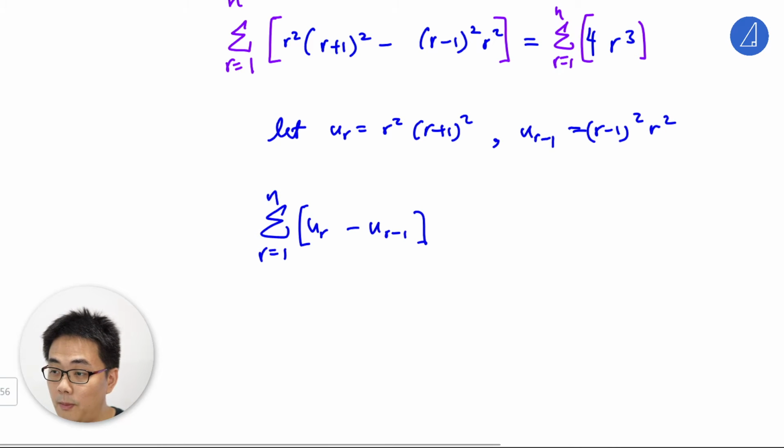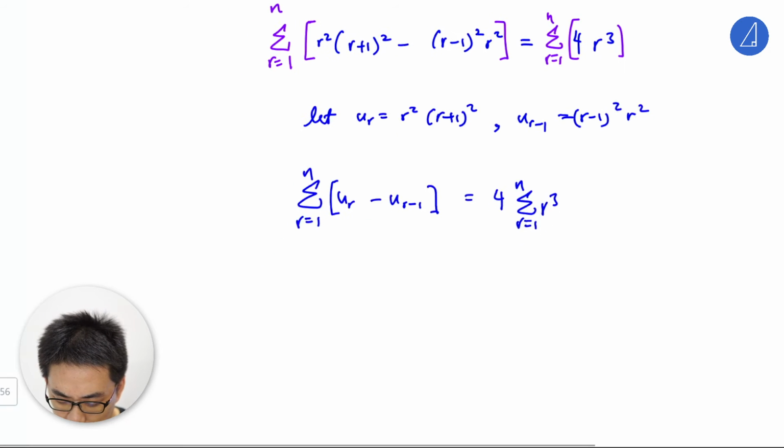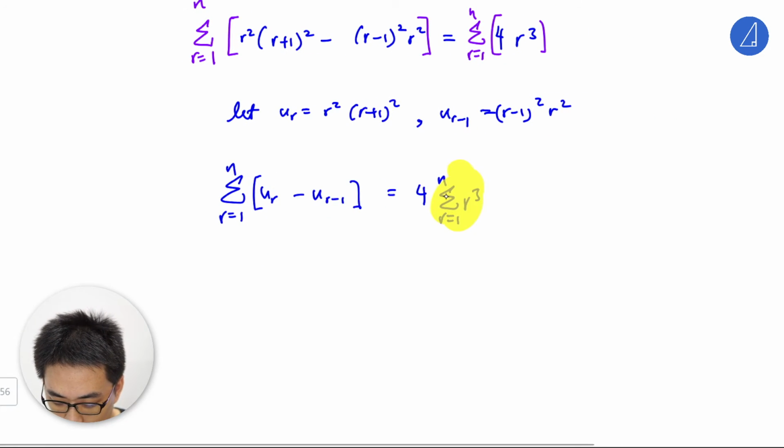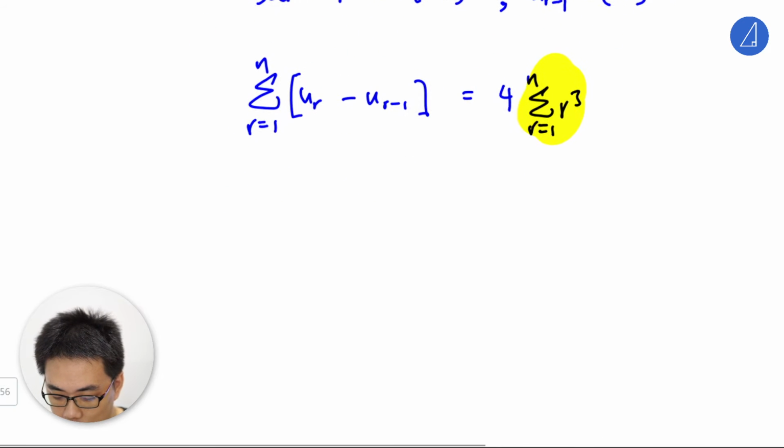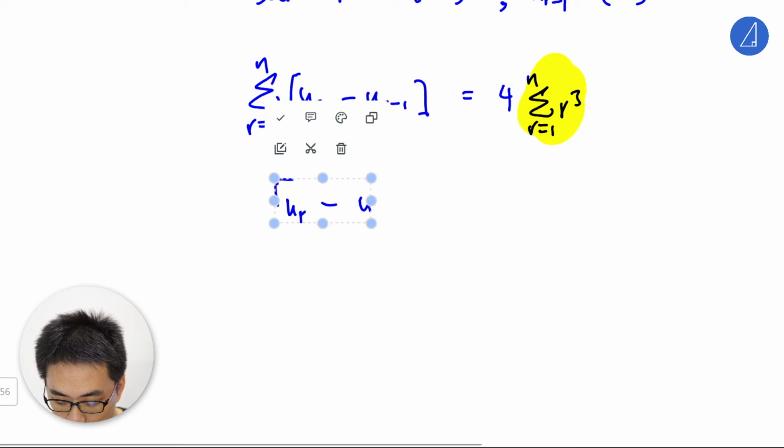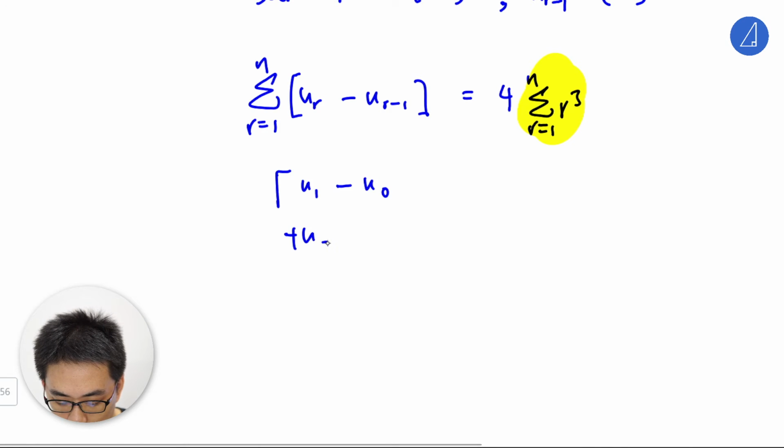Let it be UR. Then for the other side, this is what I want to find. Then I'll just do U1 minus U0 plus U2 minus U1 plus U3 minus U2 all the way to the last one.